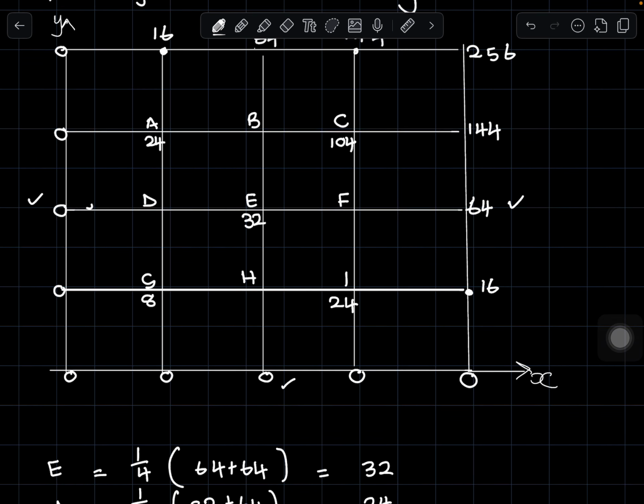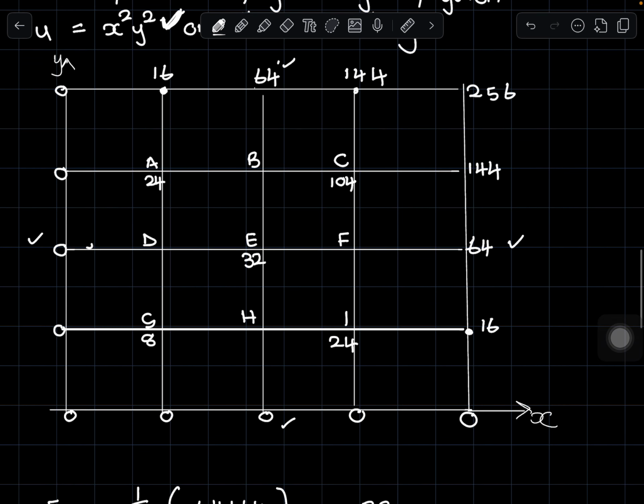Now that we have these points, it's now easy for us to find the points at B using the standard formula. At B, what will it be? It will be 24 plus 104 plus 64 plus 32. I hope that one is clear. Okay.